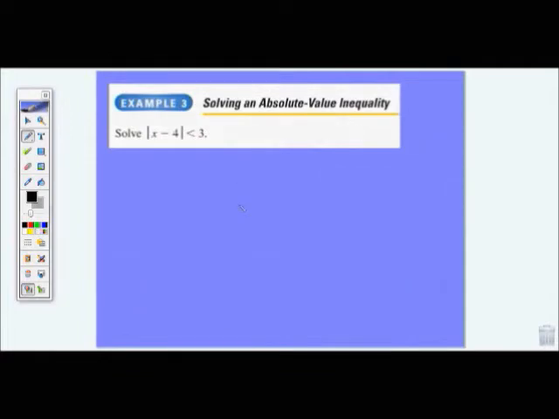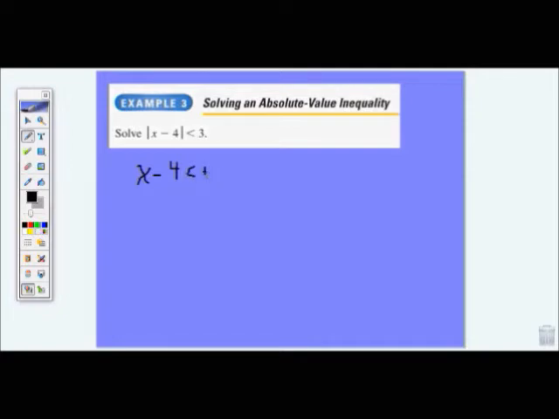So let's go ahead and see if we can work one of these out. This is just simply a less than situation, so it's not an equality, it's only an inequality. So when I'm going to solve this, I'm going to say again the quantity x minus 4 could end up positive.